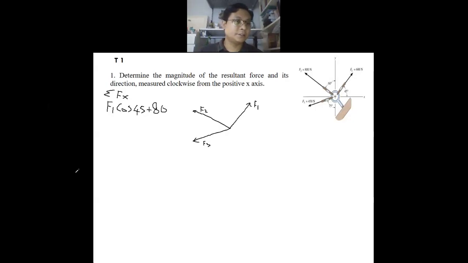Sorry, F2, it should be the symbol first. F2 multiplied by X direction, sine 60.